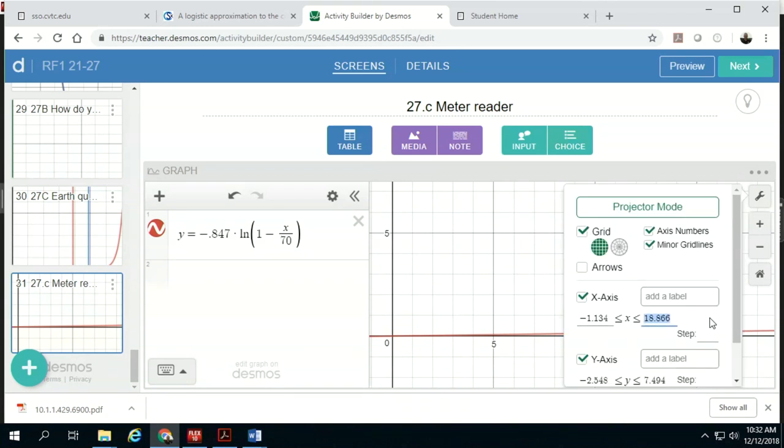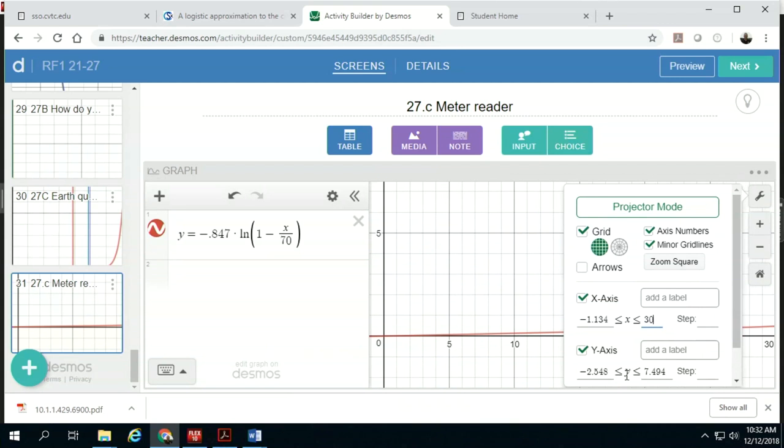Let's say we go up to 30 days. What am I doing wrong here? I think your constant is off. What did I write? Sorry.